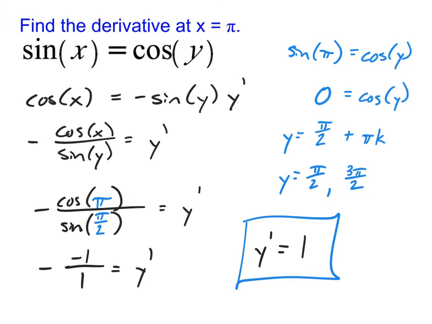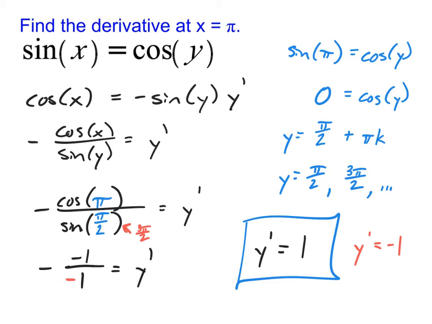If I now check 3 pi over 2, what is the sine of 3 pi over 2? Yeah, negative 1. And so then that's a negative 1, which means that y prime would equal negative 1. So there are two answers.